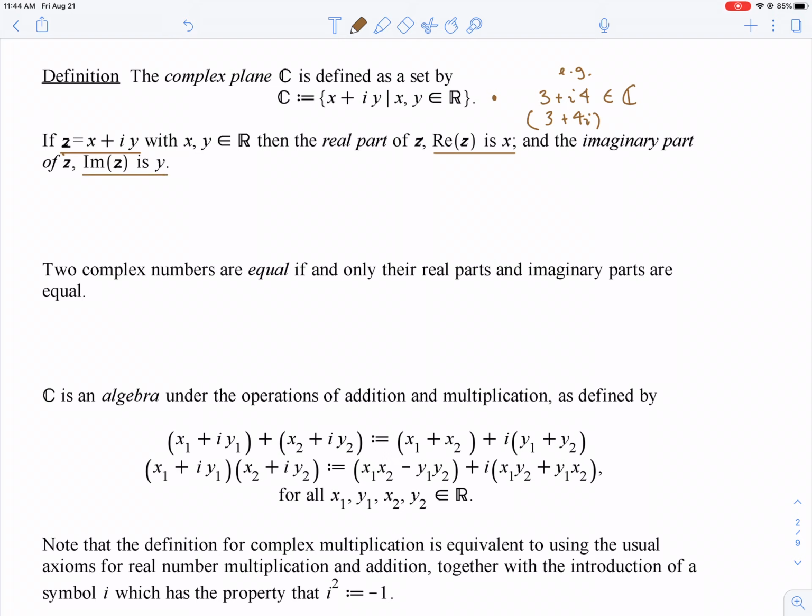So for example, the real part of 3 plus 4i is just 3, and the imaginary part of 3 plus 4i is 4. And notice, we call it the imaginary part. It's the coefficient of i, but it's a real number.